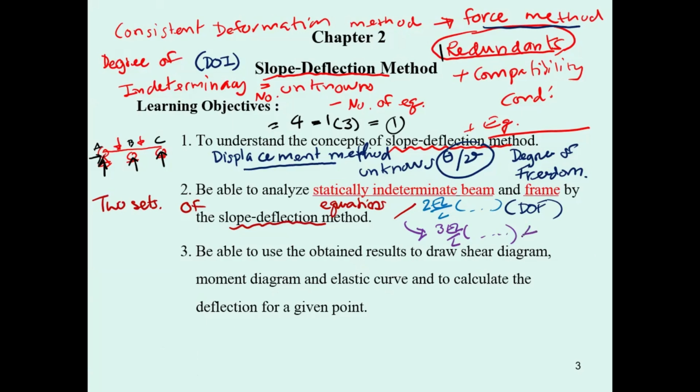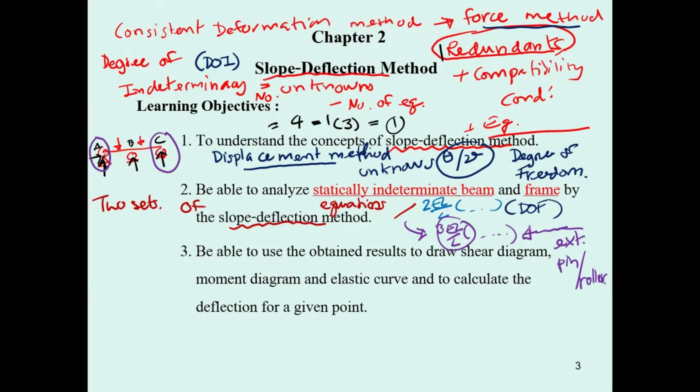This is a special set of equations for structures that have a so-called external pin or external roller. The second set is going to assist you or help you to solve the problem more easily. However, there is a disadvantage to using this second set of equations. I will talk in detail about it later.